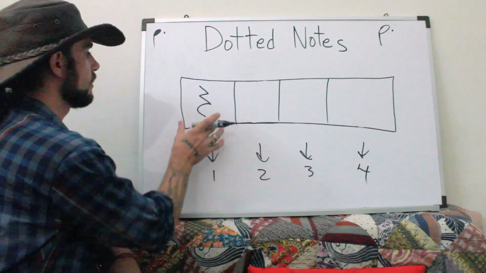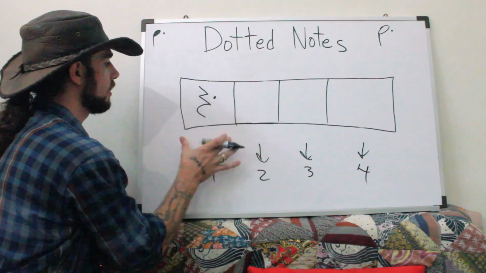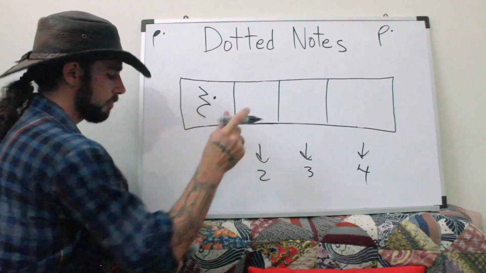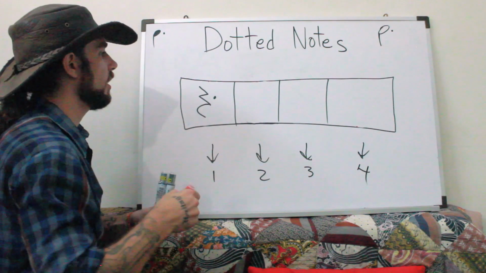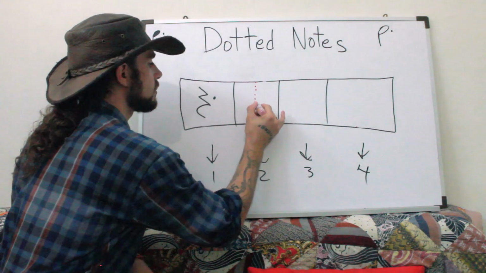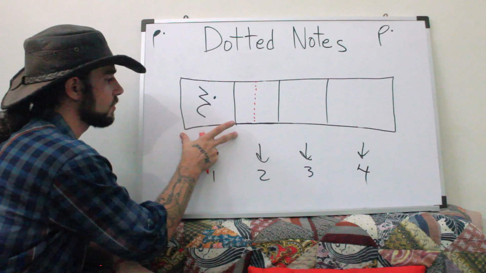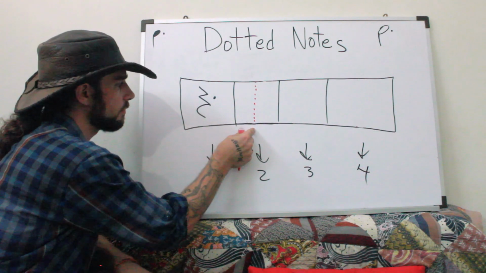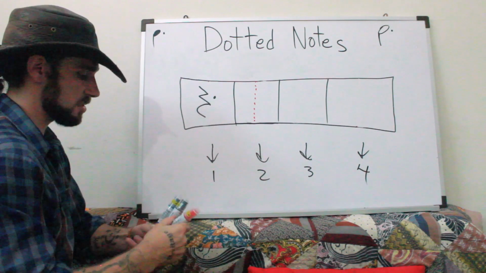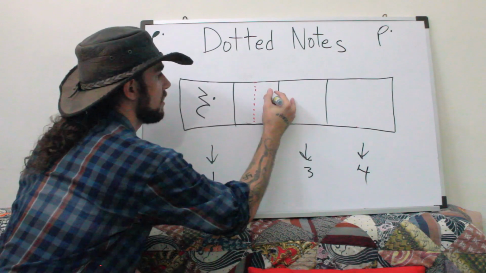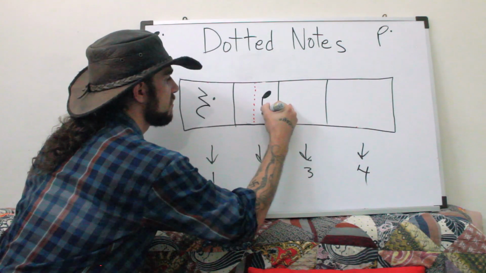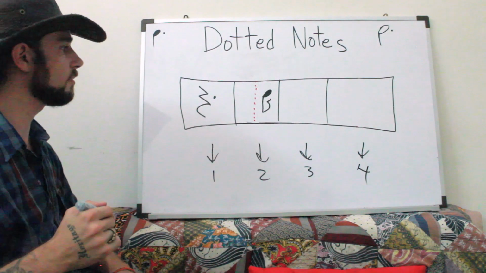Let's dot it. So we know that this is going to be this quarter box plus half of this quarter box. So this dotted rest is going to receive this quarter and this eighth. Maybe let's add an eighth note here for fun.